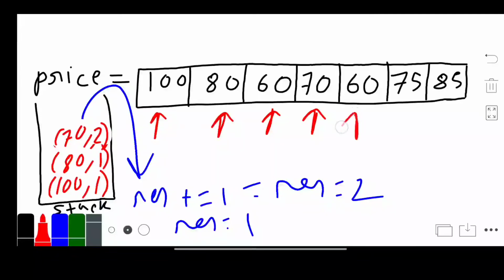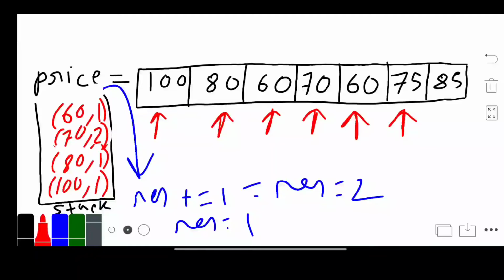Now we check 60. Is 60 greater than the stack top value? No, so we simply add 60 as price and 1 as count. Next element is 75. Is 75 greater than the stack top element?